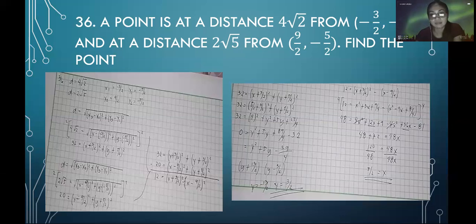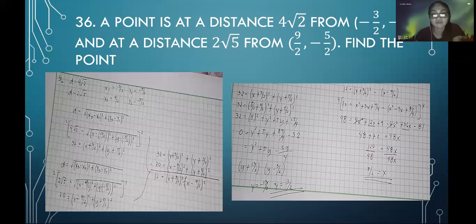So 12 is equal to x squared plus 3x plus 9 over 4 minus x squared minus 9x plus 81 over 4.